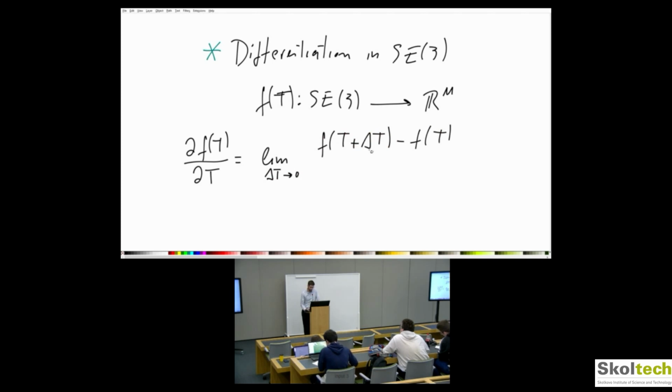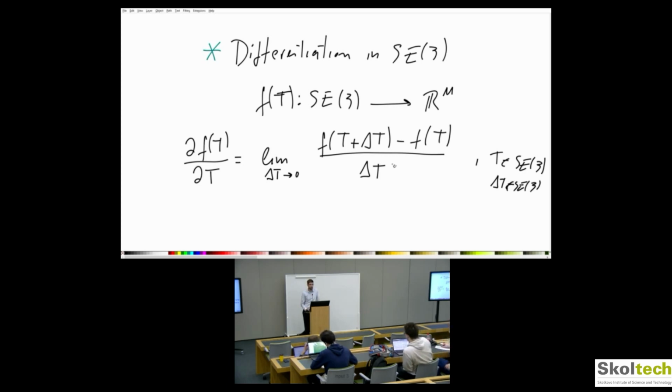And I'm going to ask who has some problem with this definition here. There are a couple of problems. So remember, t is the same as delta t, but this is applying the definition of just derivative. So does anyone find a problem here? So t does not belong to the same group.